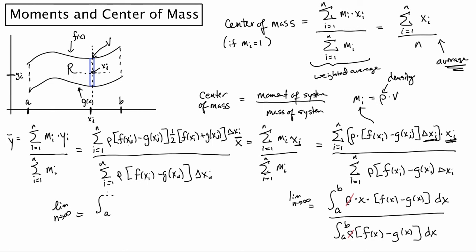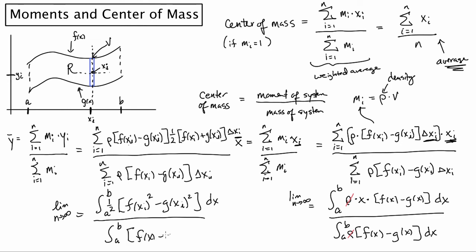This would leave me with the integral from a to b of, on top, f of x squared minus g of x squared. You can see that comes from that piece. And then I would have the 1/2, that's a part of the problem. And then the delta x_i would become dx. And on bottom, it would be the same integral that I have for the bottom.